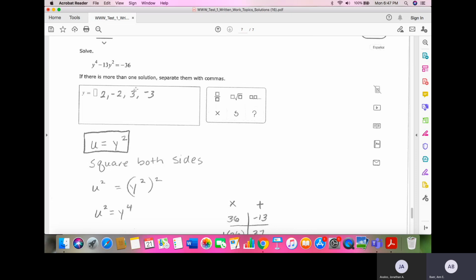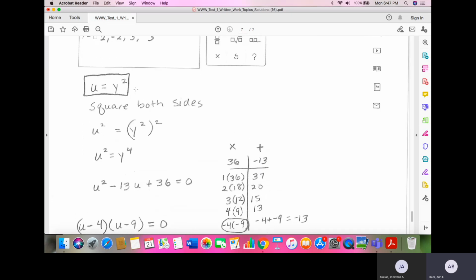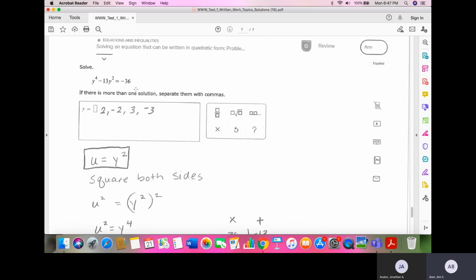And probably it's best to do it at the very beginning. I don't think I did that here, but what you want to do is this is a quartic equation. The highest power that you see is a 4. That's why it's a quartic equation. We want to turn this into a quadratic equation because we know how to solve those.